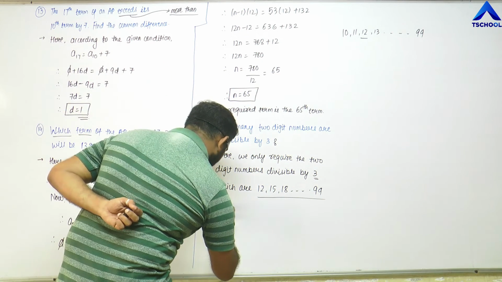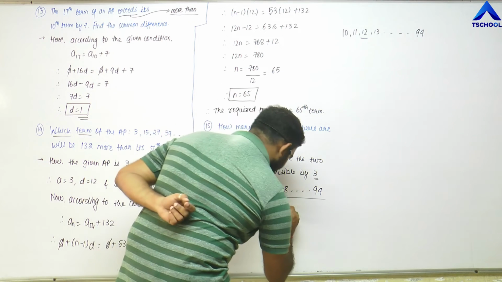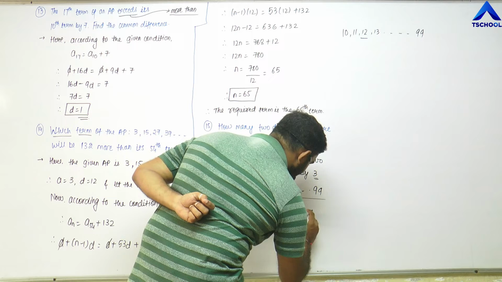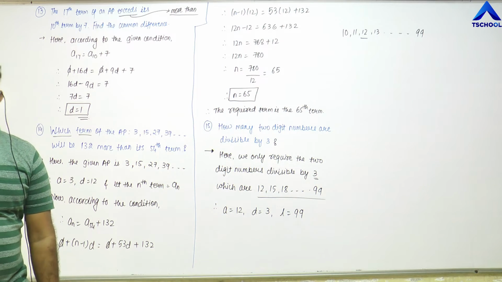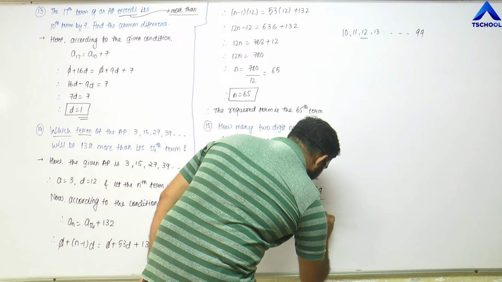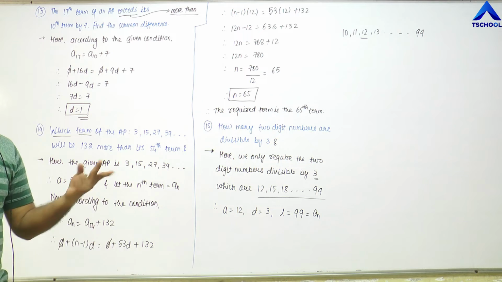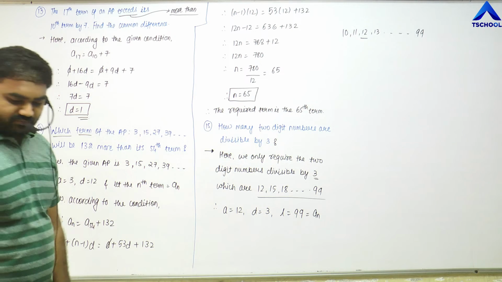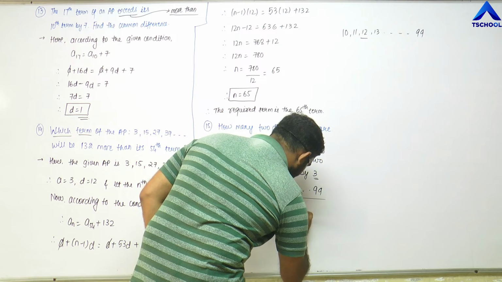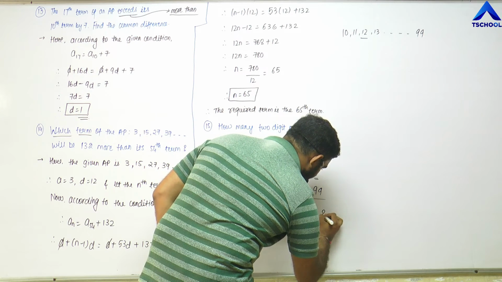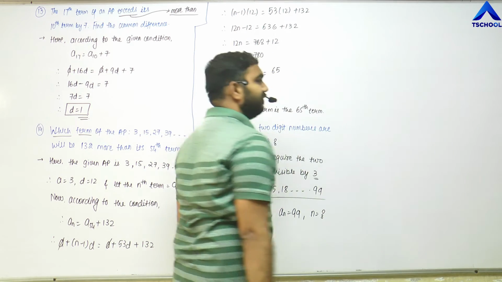Therefore the first term of the AP is 12, the difference obviously is 3, and here we get L as 99, right? We also know that L is equal to a_n, so in place of L we can now use a_n. So we can directly write a_n is equal to 99, for which we have to find the value of n.